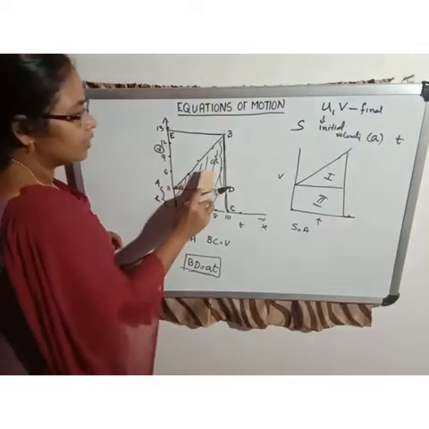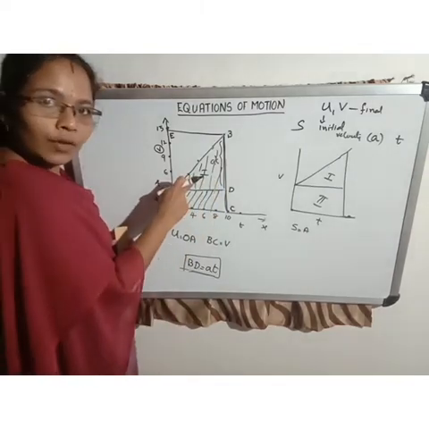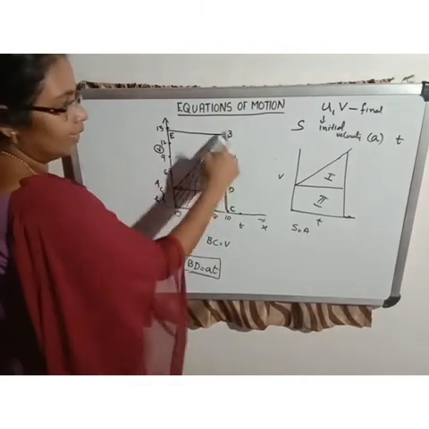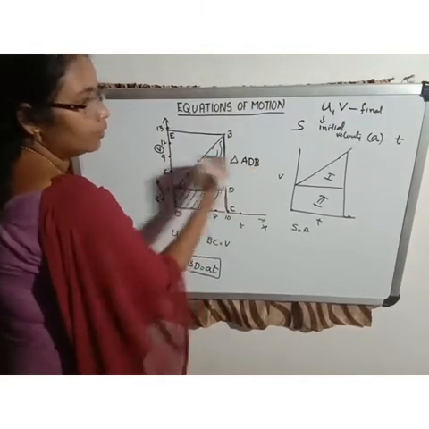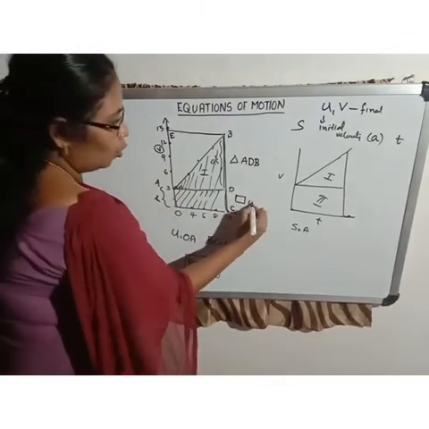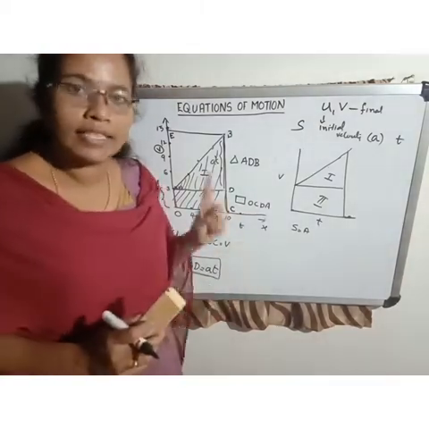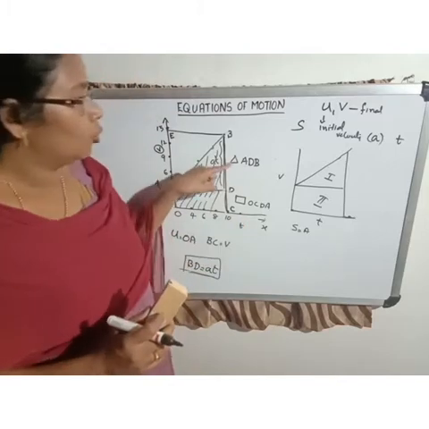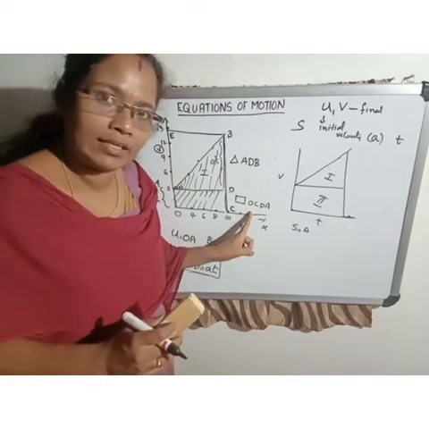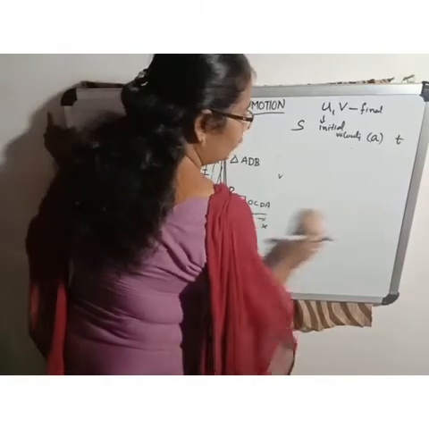So first I am dividing this figure into two. The first figure is a triangle, the triangle ADB, and the second figure is a rectangle, OCDA. So in order to find the displacement, we need to find the area of the triangle, next the area of the rectangle, and then add the two.